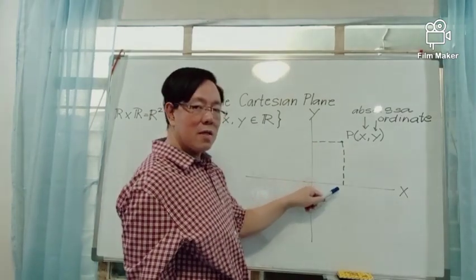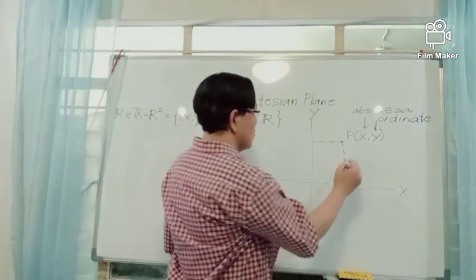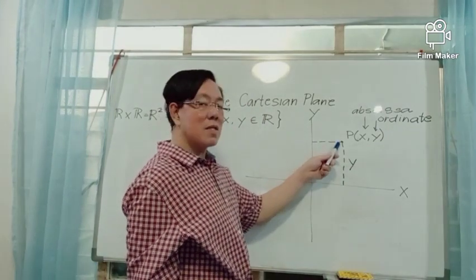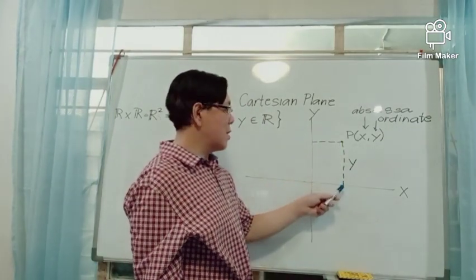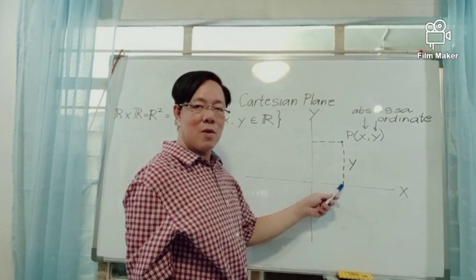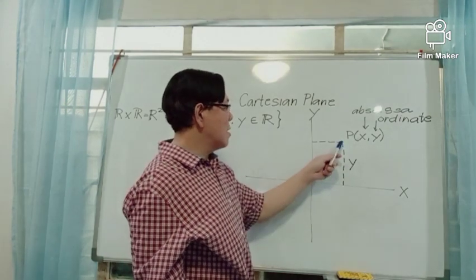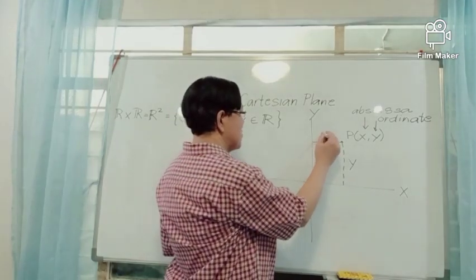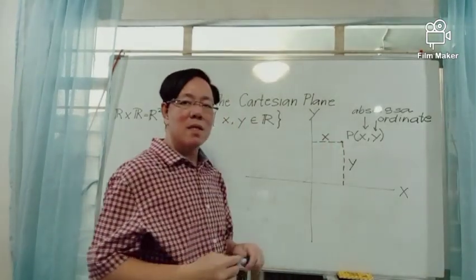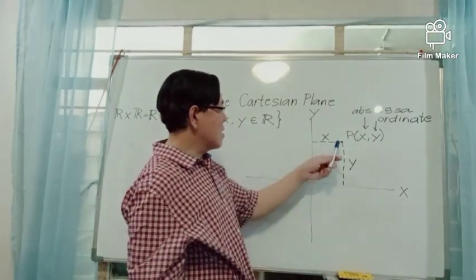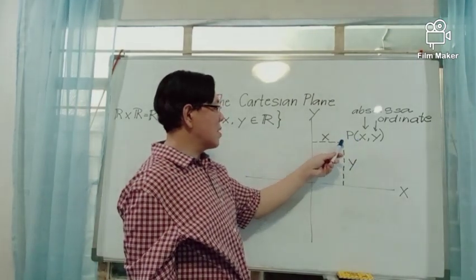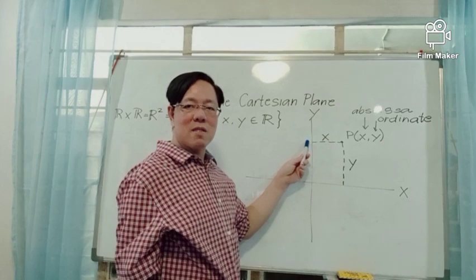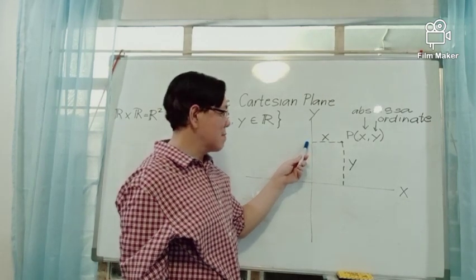So this length is y, and it gives the distance of the point P from the x-axis or horizontal axis. And the length of this line segment is x, the abscissa of point P, and it gives the distance of point P from the vertical axis or the y-axis.